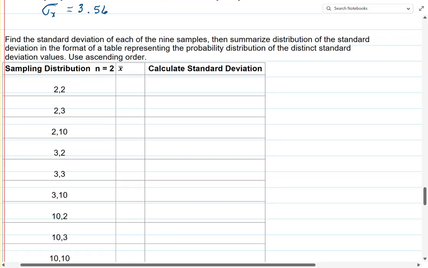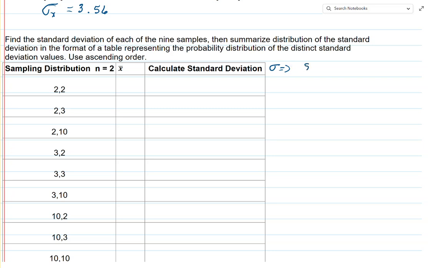We know that the standard deviation, and actually for this one it's samples, so I better write it as s equals the square root of s squared, the variance. And we know that this is n minus 1, so we only have 2 items, so we're going to just enter what we need.